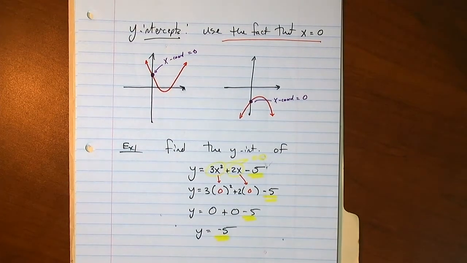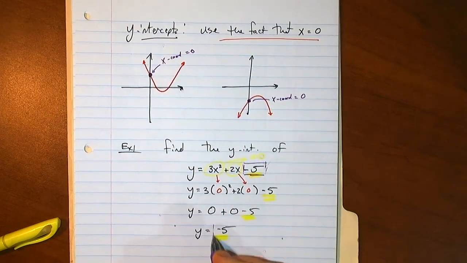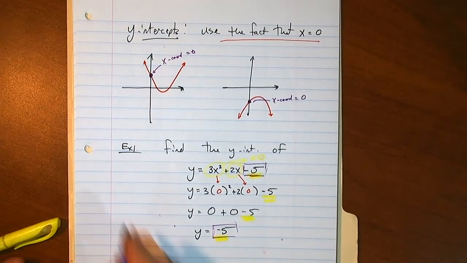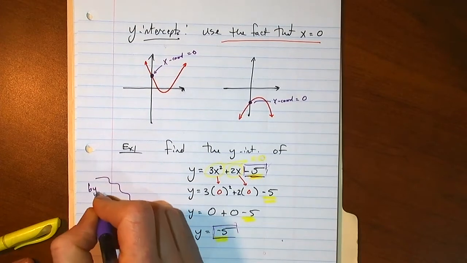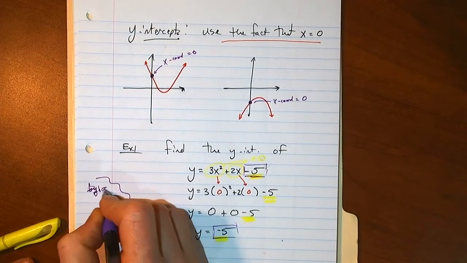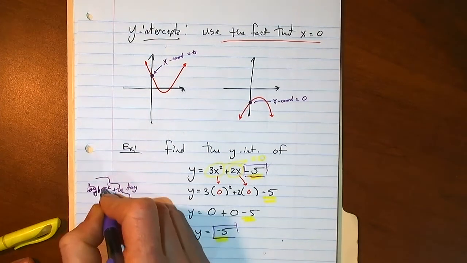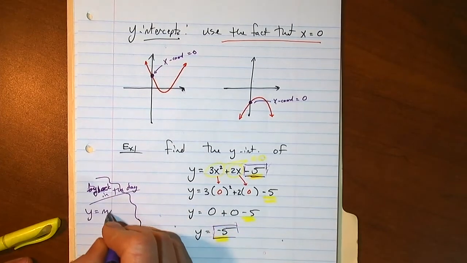And so what some people recognize and use as a shortcut is whatever this number is at the end, that is going to be your y-intercept. It's exactly the same if you think back to when we were doing linear functions and it was y equals mx plus b.